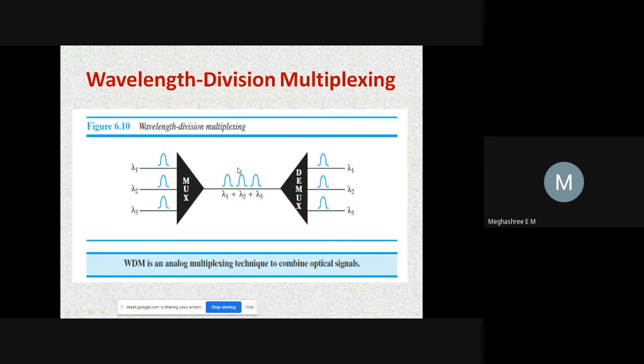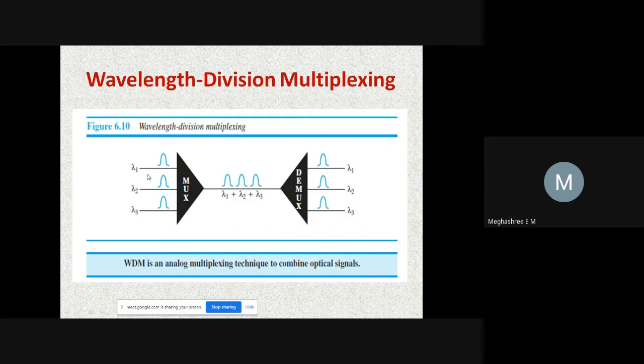Okay, so here, unlike FDM, the method followed is the same. That is, multiplexing is done at the sender side and demultiplexing is done at the receiver side. So here optical signals are considered.